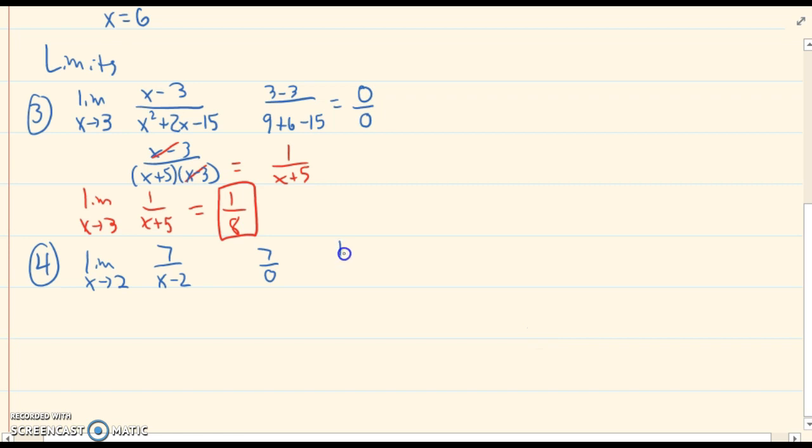So on a problem like this, I actually want to consider the limit as x approaches 2 from the left and the limit as x approaches 2 from the right. And I'm going to carefully select a number to plug in. So if I'm looking at 2 from the left, I'm going to pick a number that's slightly smaller than 2, something like 1.9. And so when I plug that in, I'm going to have 7 over 1.9 minus 2, so 7 over negative 0.1.